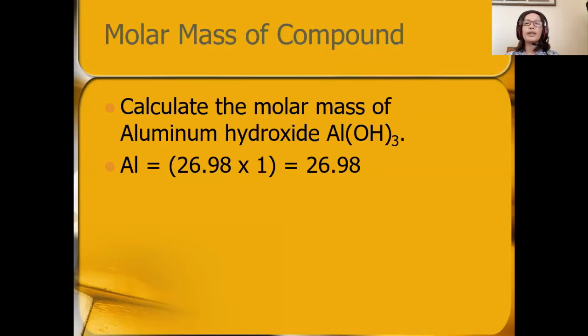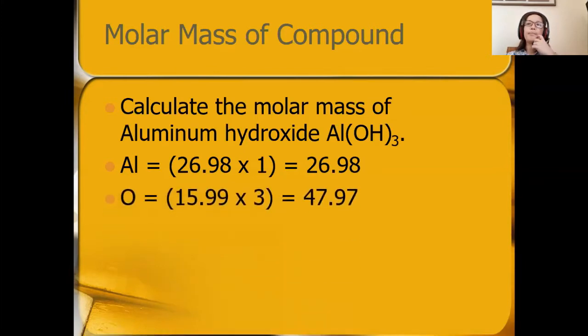For oxygen, how many oxygen atoms are found in aluminum hydroxide? There are 3, and you multiply that to the atomic mass of oxygen, and that is 15.99. And for hydrogen, how many atoms of hydrogen are present in aluminum hydroxide? It's also 3.